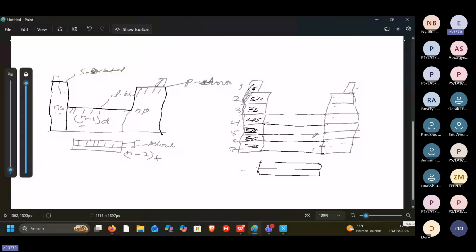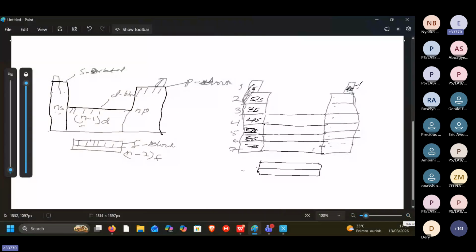Okay. Now, because this is helium, helium belongs to the P block, but it's going to be having the s kind of configuration. So this is going to be 1s, but we group helium as part of the P block just because it belongs to the noble elements. That's why we put helium there. So helium is number 2, but when you write the electronic configuration, it will be having s.